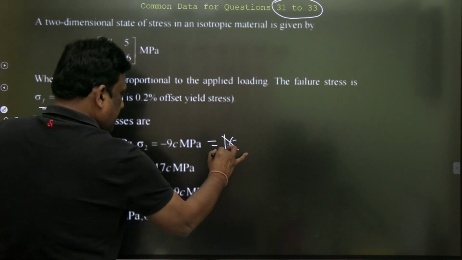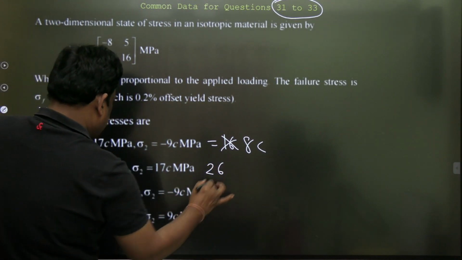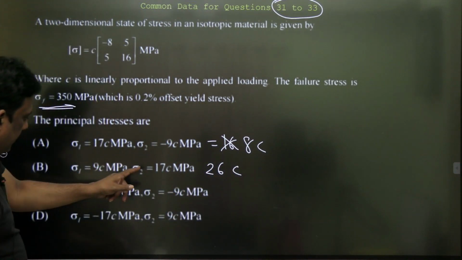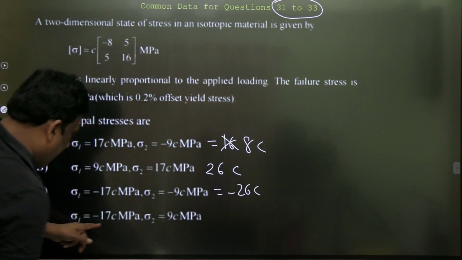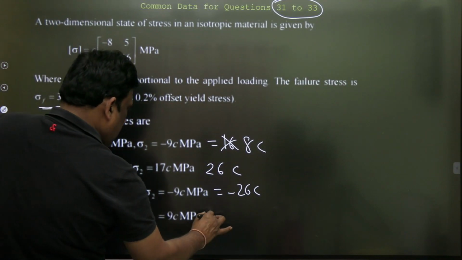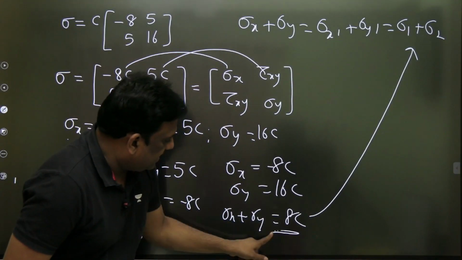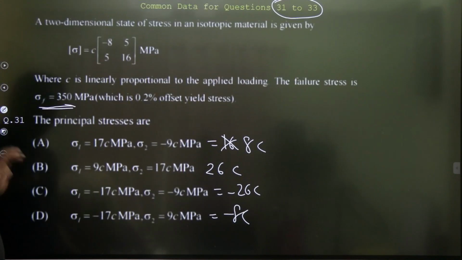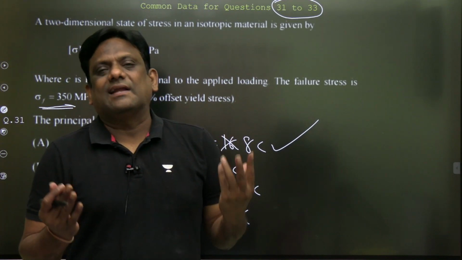Look, 8C, correct. And if you add these two, it is 26, I think. Let me check again. 26, yes. And if you add this, it is minus 26. And if you add this, it is minus 8C. And you should get, dear students, plus 8C. If you observe, this is the only option which gives me plus 8C. So this is the right answer.